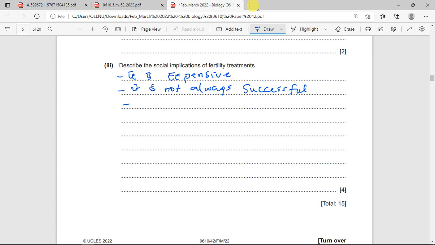Another point, it leads to multiple births and needs more care, so babies may be weak and die eventually if not done properly.